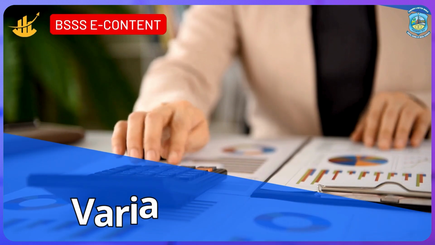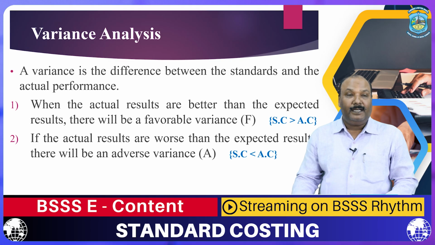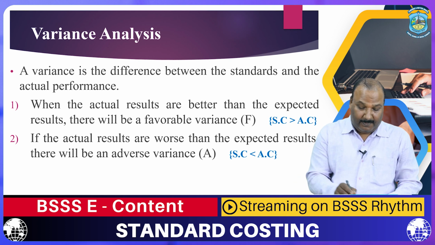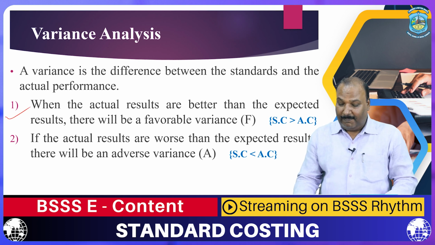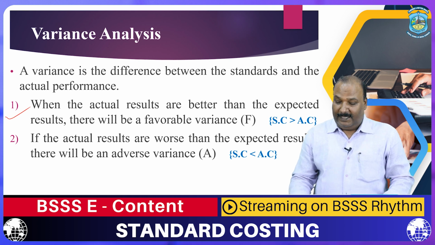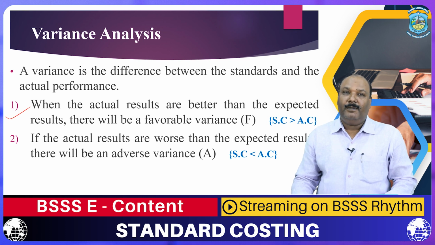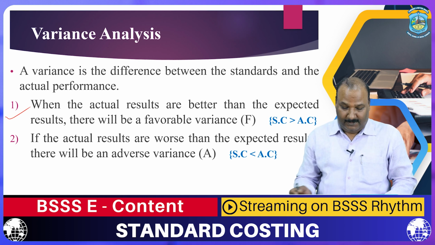As far as variance analysis is concerned, a variance is the difference between the standard and actual performance. Number 1, when the actual result is better than the expected result, there will be a favorable variance, means where standard cost is greater than actual cost, it will be a favorable condition for the management.